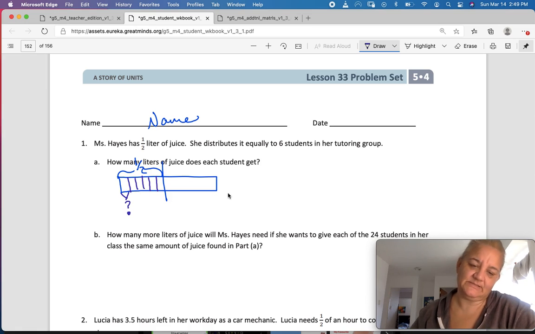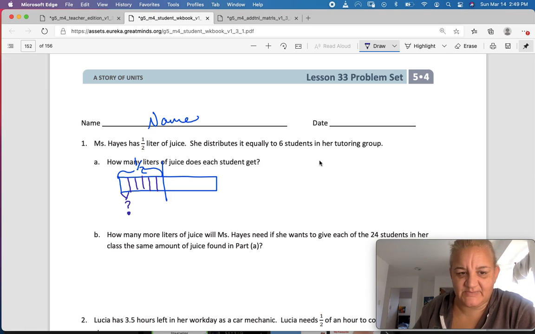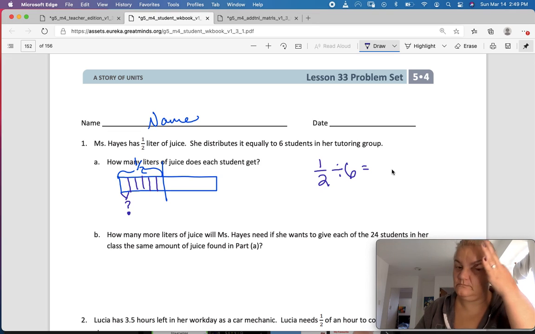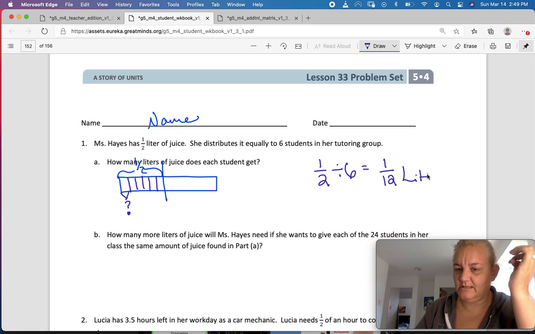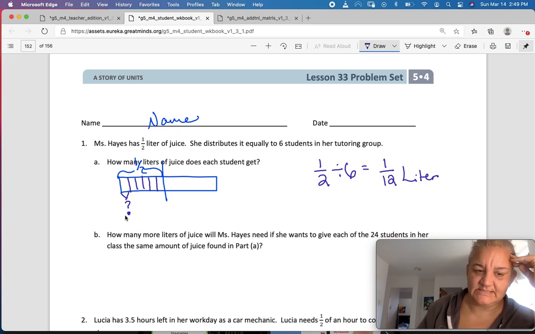How many liters? So let's write that as an expression. Half of a liter divided by 6 students would equal 1/12 of a liter. Okay, because I know that this is 1/12 of a full liter.